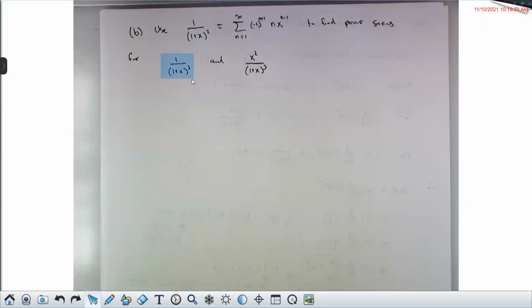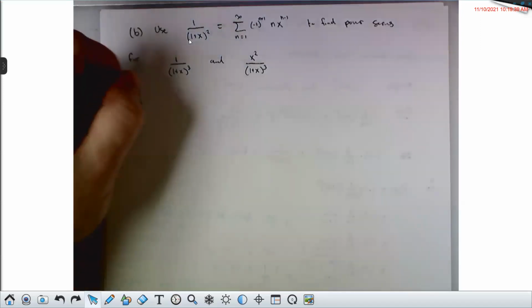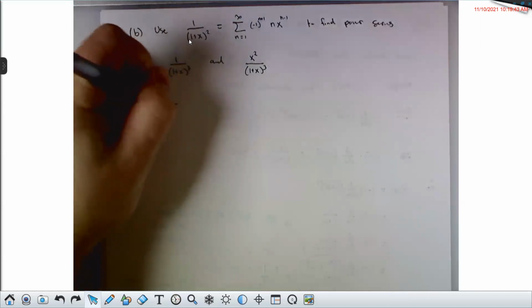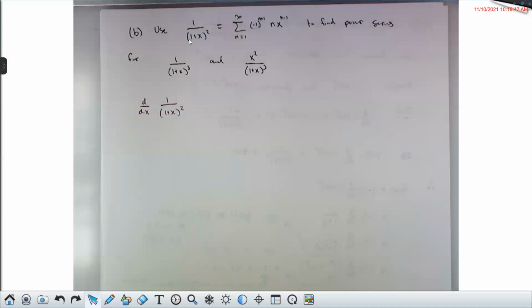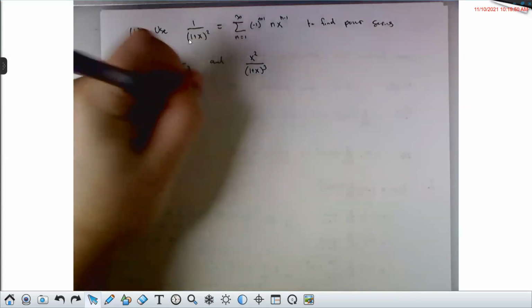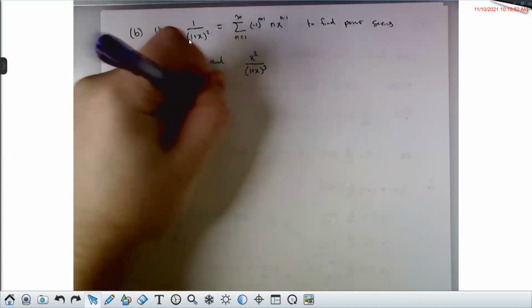Well, this is almost certainly very close to the derivative of this. The derivative of 1 over 1 plus x all squared, again, I'll do this with the chain rule.